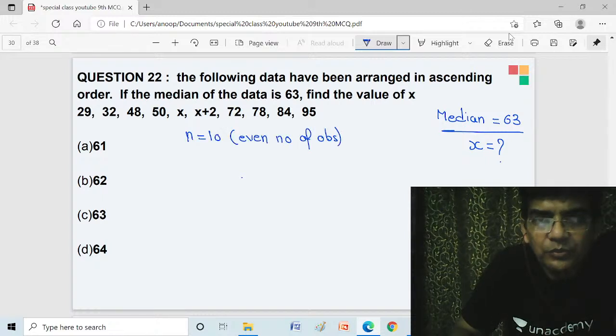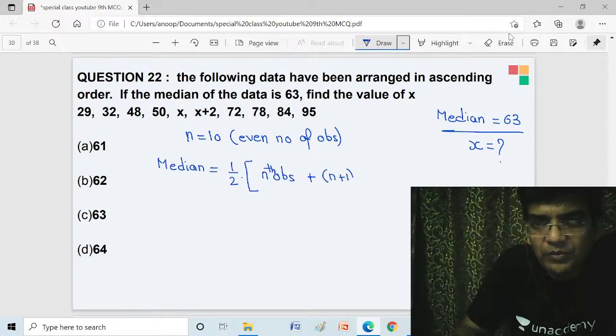Now as n is even, that means there will be two mid observations. Now let us apply the formula. When there are two mid observations, then the formula is like this: half of the n by 2th observation plus n by 2 plus 1th observation.